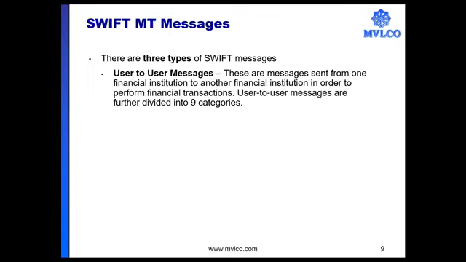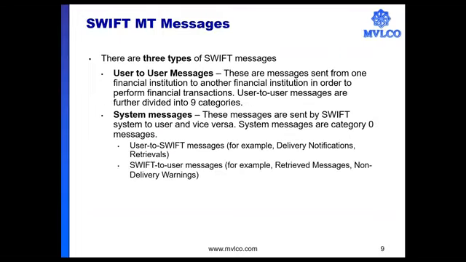A user-to-user message could be one bank, one financial institution, sending a message to another financial institution. So when somebody wants to make a payment, the paying bank may use a user-to-user message to communicate with the bank to whom they would like to make the payment. The user-to-user messages are further divided into 9 categories, which we will see on the next screen.